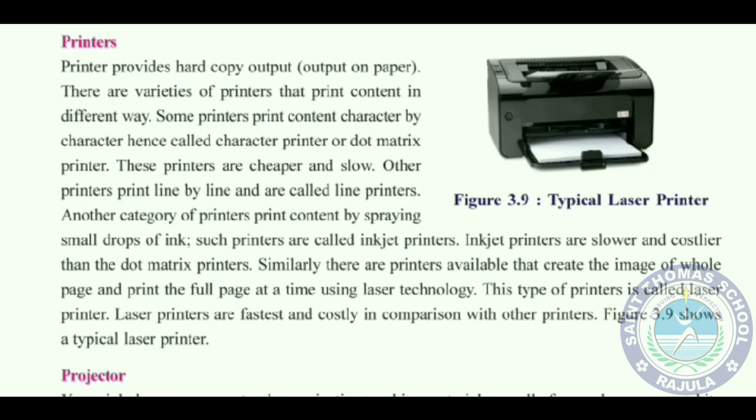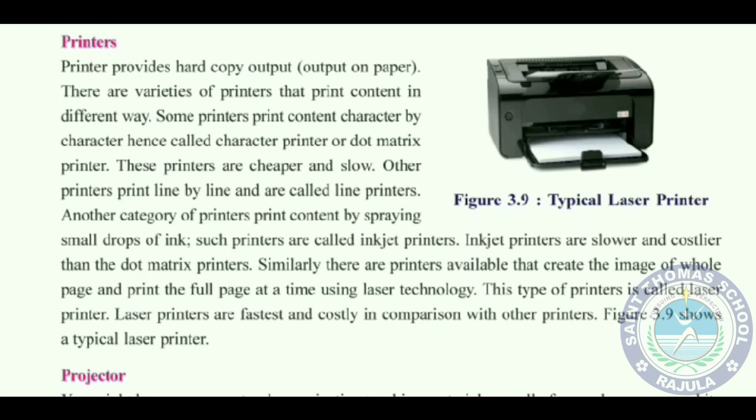So these are inkjet printers, and inkjet printers are slower and costlier than the dot matrix printer. Here the comparison of inkjet is done with the dot matrix. Meaning the dot matrix printer is faster than inkjet. So the inkjet printer is slower and much costlier than our dot matrix printer.